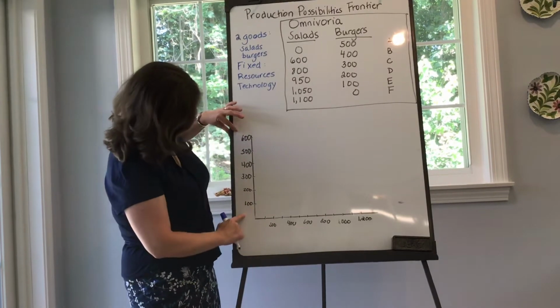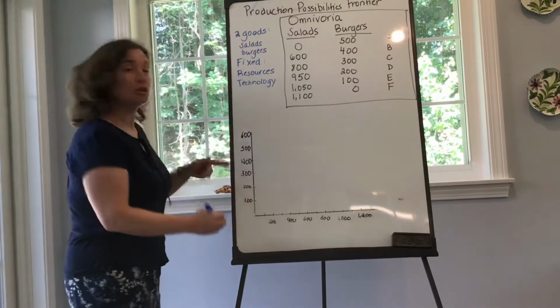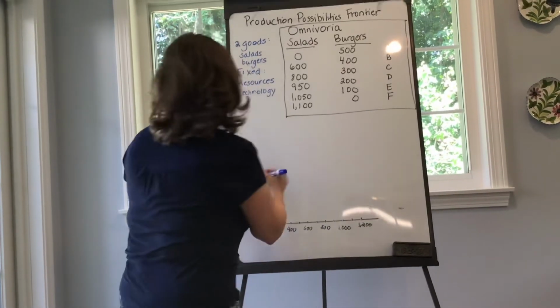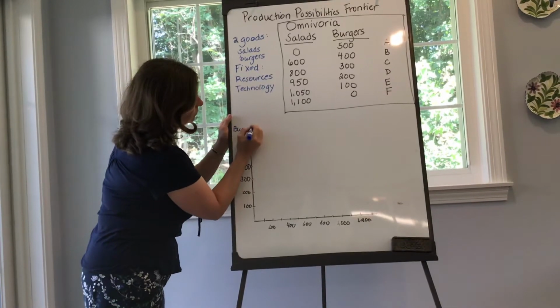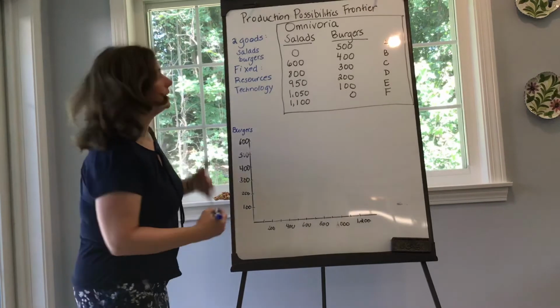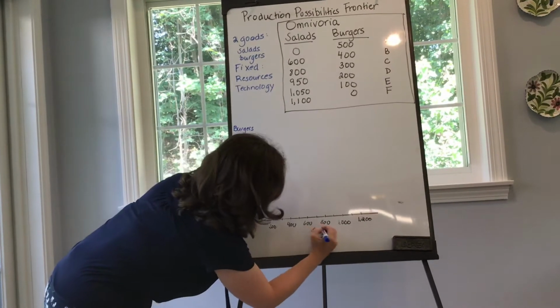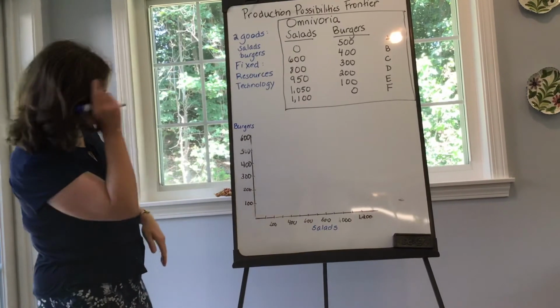But on my y-axis, I'm going to plot the number of burgers. So I'm just going to label that here. And on my x-axis, I'm going to plot the number of salads produced. So I'll label that here.